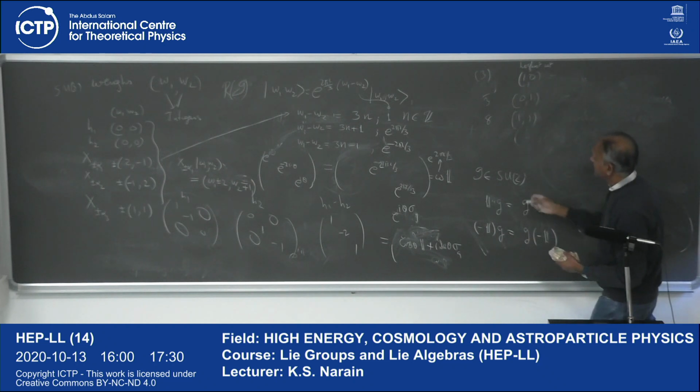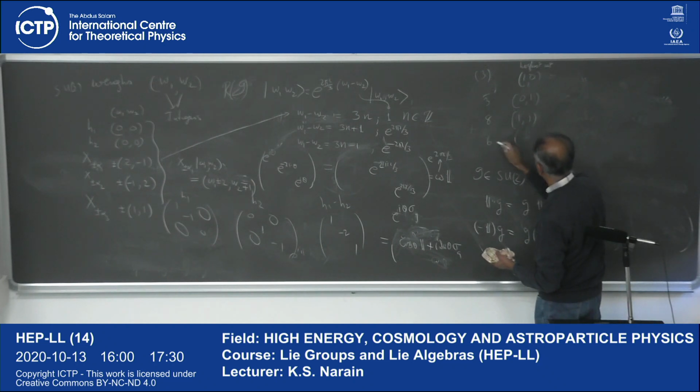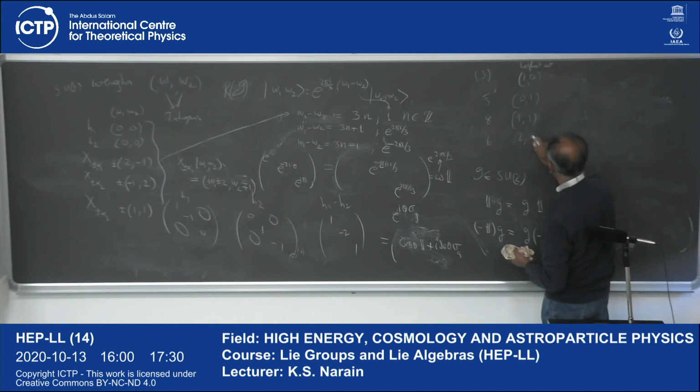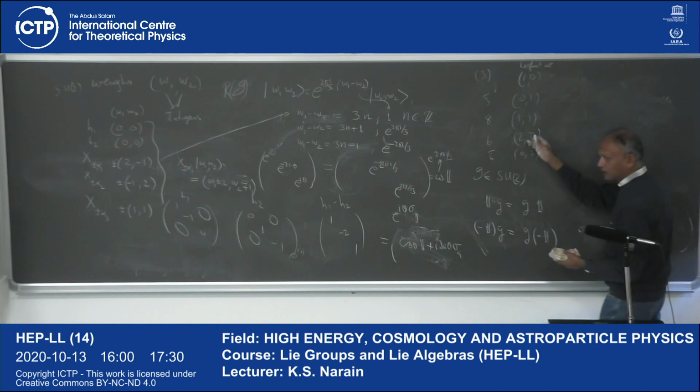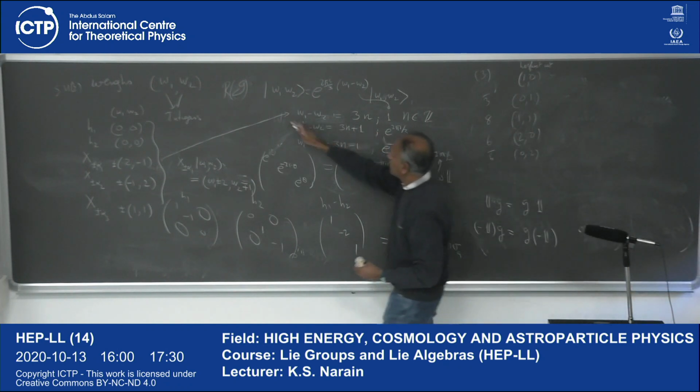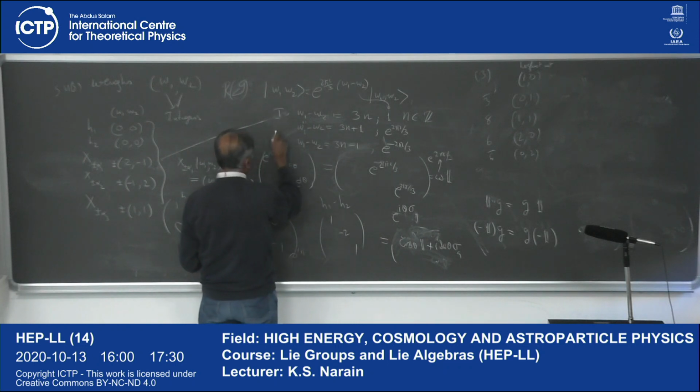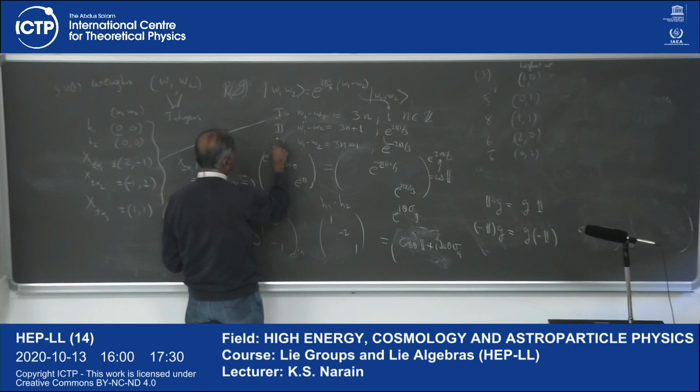Correct. And then we also studied some of the other examples, the 6-dimensional representation, which was (2, 0), and 6 bar, which was (0, 2), and a few other representations. Now, in all of these cases, let me call these the first class, second class, and third class.